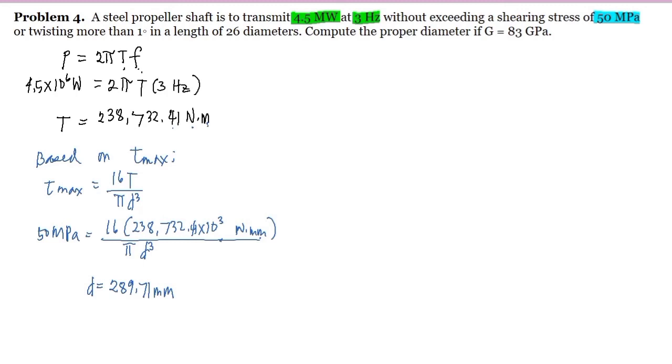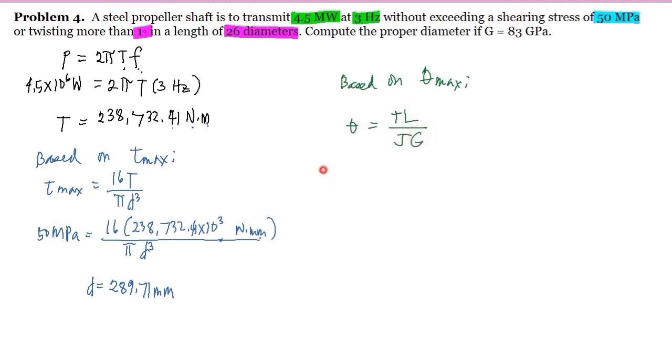Now we will compute for the diameter d based on the maximum angle of twist. In the problem, the maximum angle of twist is limited to 1 degree in the length of 26 times diameter. The angle of twist is TL over JG.